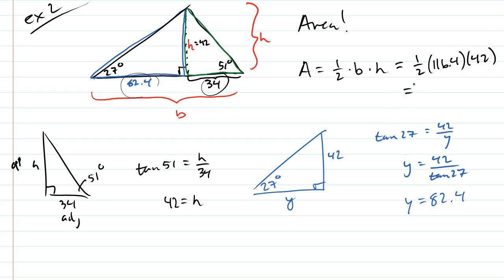So if I work that out on my calculator, I'm getting 2444.4 units squared. So you might see some problems where they either ask you for the area, or they just might ask for this side over here. And the idea is you need to think about all these right triangles separately and work your way over by using a couple trig functions.